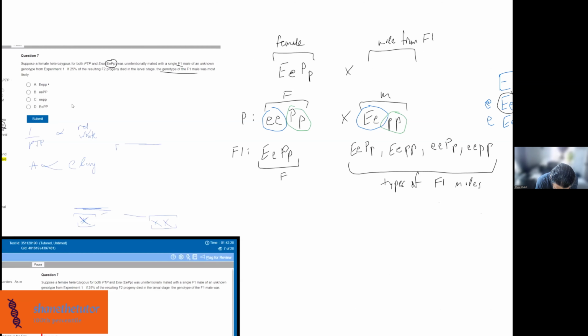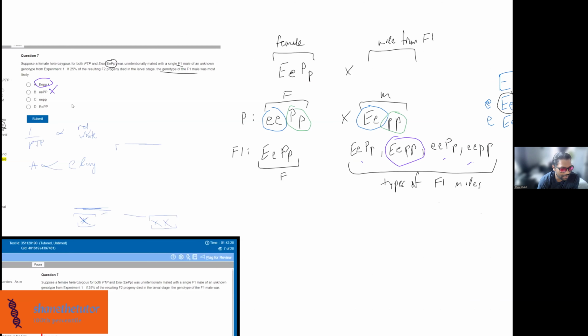I will use purple. So this one, big E, little p, is this one. Okay. The next one, little e, big P, we actually do not have here. So this genotype does not exist in this F1 generation.